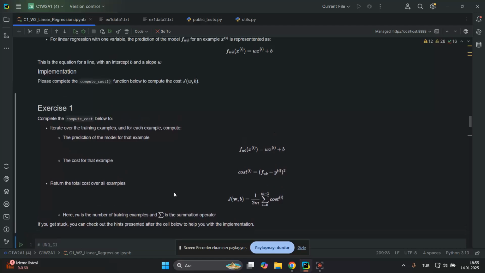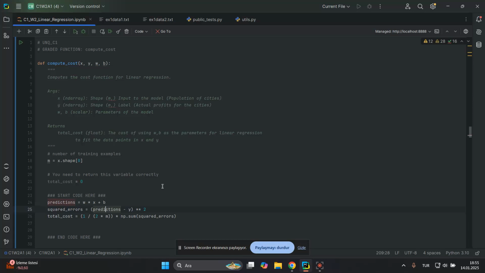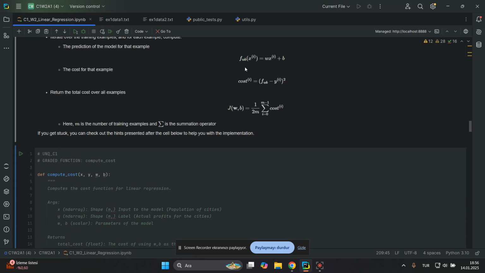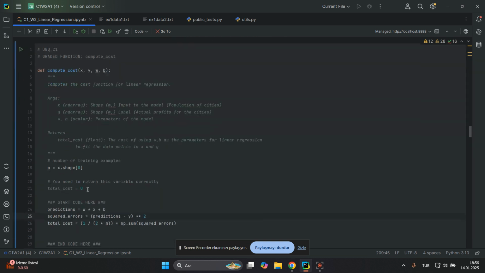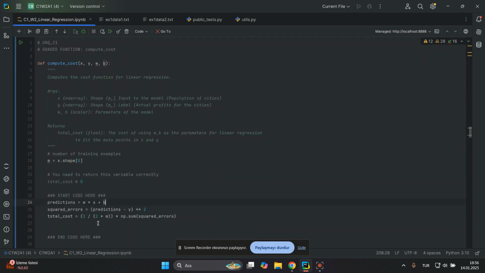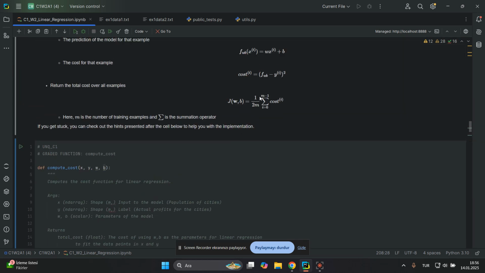Here the predictions represent w x plus b, minus y, and squared equals this part, and we are just adding the 1 divided by 2m summation, and this is the square we are taking in here.